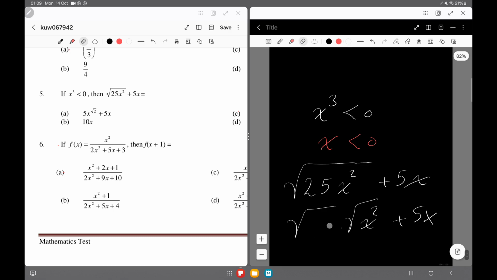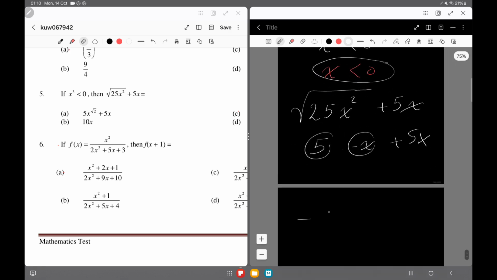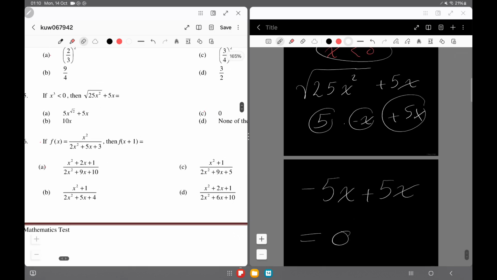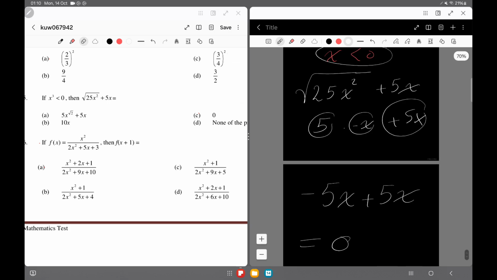It's 5. If I cancel this with this, I have to write the absolute value, okay? I don't know if it's positive or negative, but we have this condition. So I replace it by negative x. That means 5 times negative x is negative 5x, and positive 5x, so the answer is 0, okay? This condition gave me the value of the absolute value.